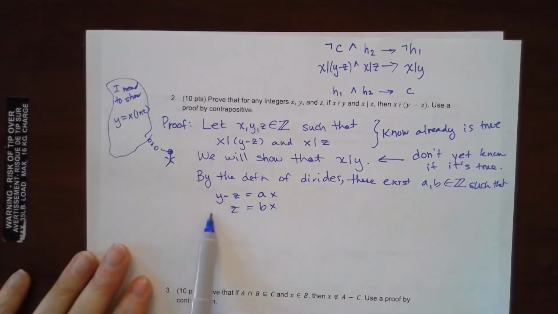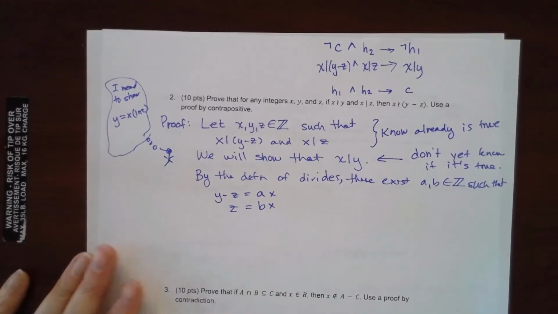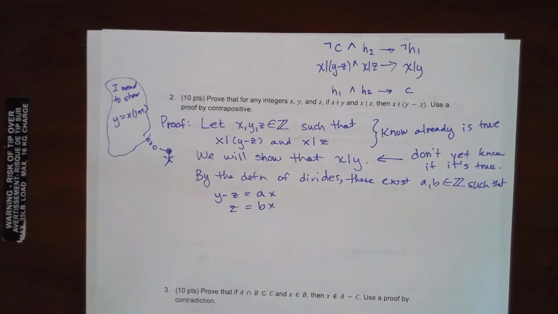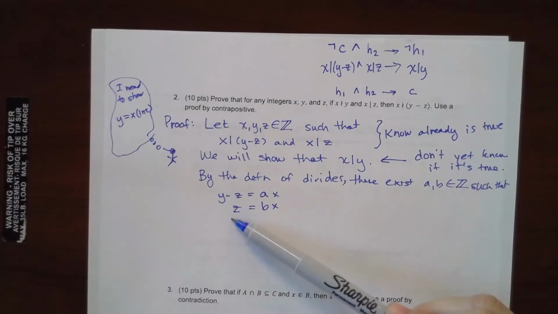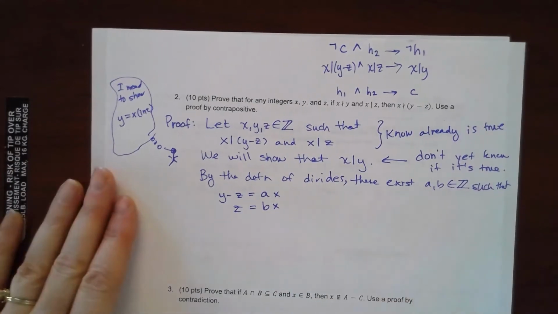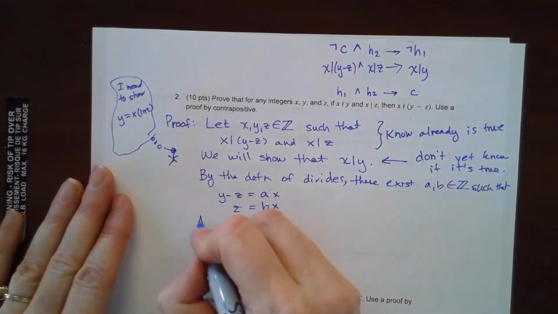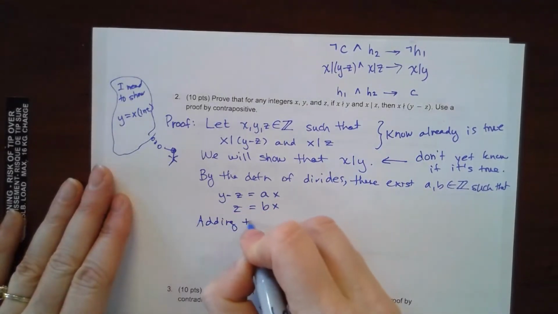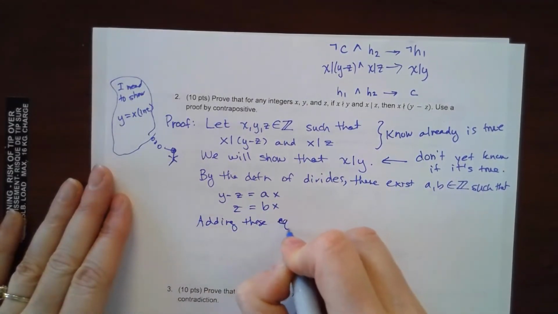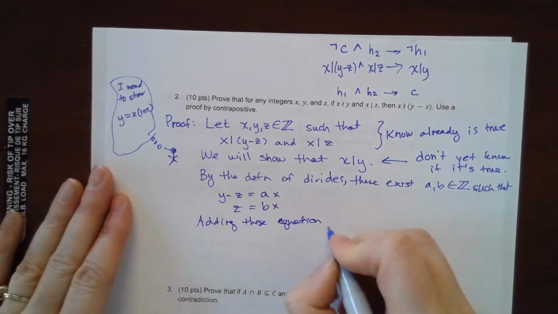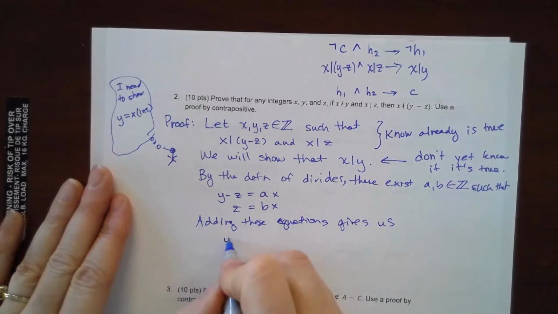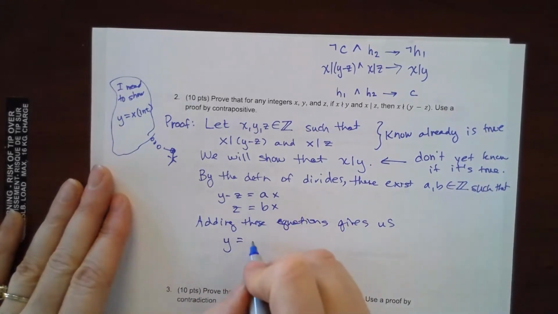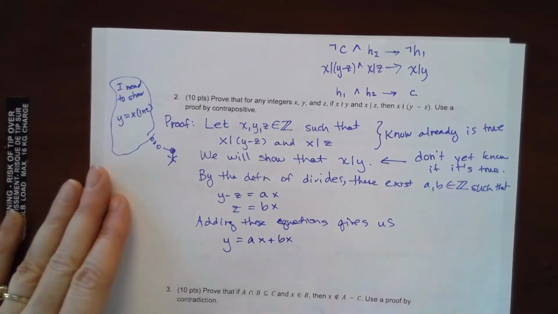So, what could I do with these two equations so that I could get y all by itself? When I look at those, I go, oh look, I have this negative z and this z. If I just added these together, I would just have y. So if I just add these two equations, when I add these two, I just get y, and when I add the other sides, I get ax plus bx.